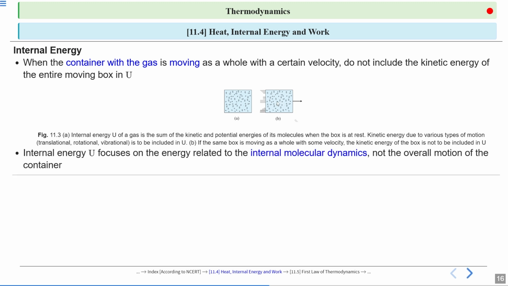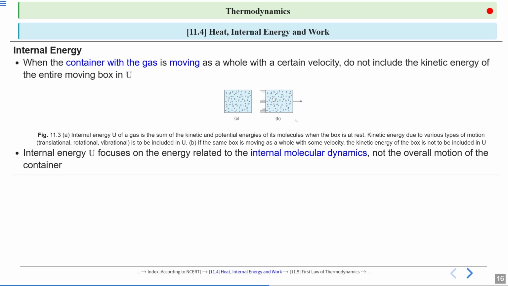Internal energy U focuses on the energy related to internal molecular dynamics, not the overall motion of the container. So from this, it is clear that internal energy depends on molecular configuration and molecular motion. If the molecular configuration and molecular motion change, the internal energy will also change.